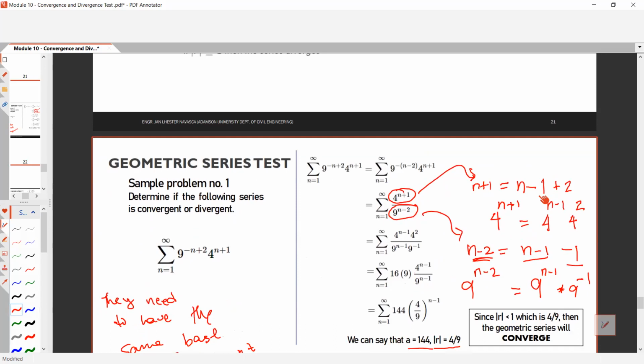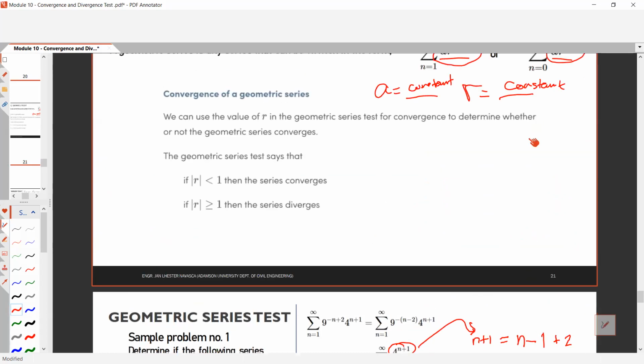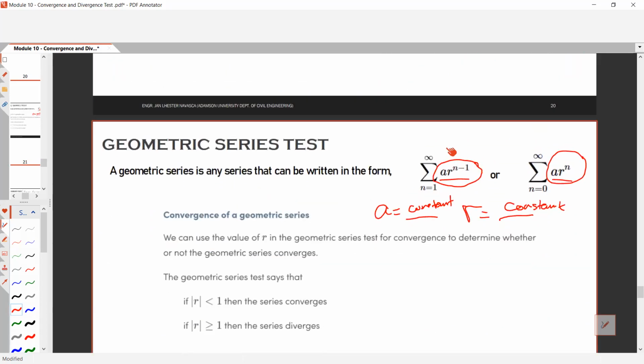So the question is, bakit tayo nag-arrive sa n minus 1? Okay? Nag-arrive tayo sa n minus 1 dahil gusto natin siyang ipunta sa ganitong form. A times R raised to n minus 1. So dapat yung exponent niya is n minus 1 if starting siya sa 1.